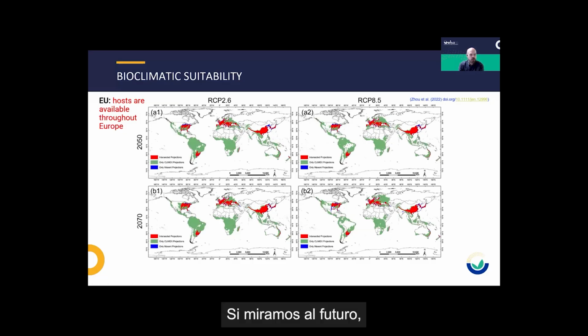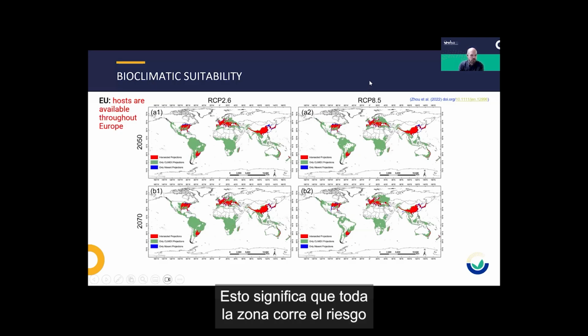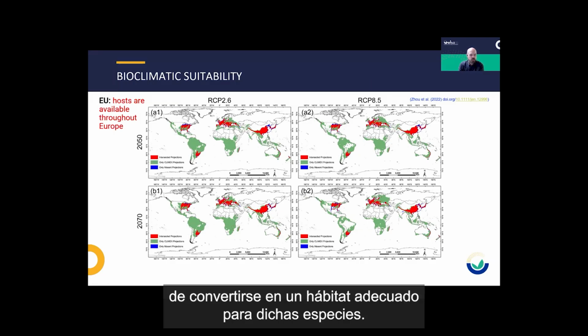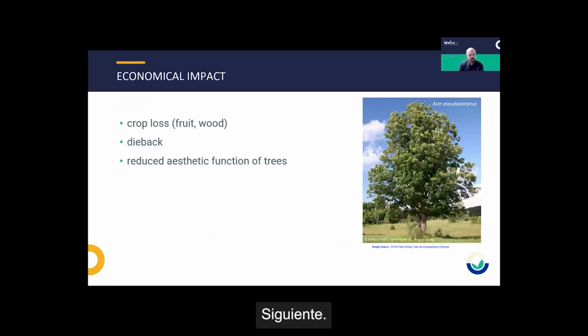If we look at the future with different scenarios, we see that in 2050 and also 2070 most of Europe will be covered by both models, and therefore this area is at risk of the species occurring there.